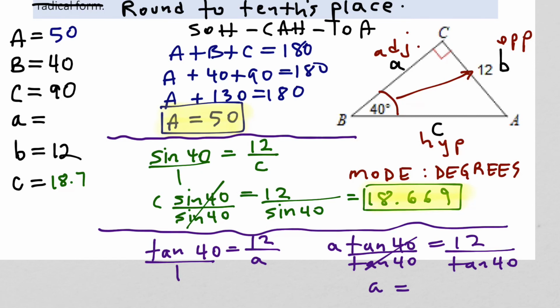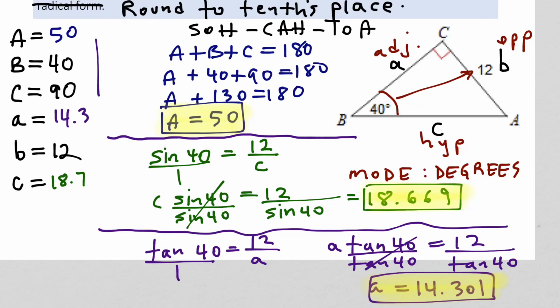Make sure you're in mode degrees: 12 divided by the tangent of 40. So I get 14.301. Now I'm going to round to the tenths place, so that would be 14.3.